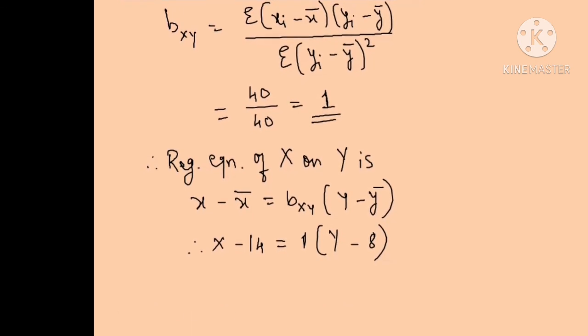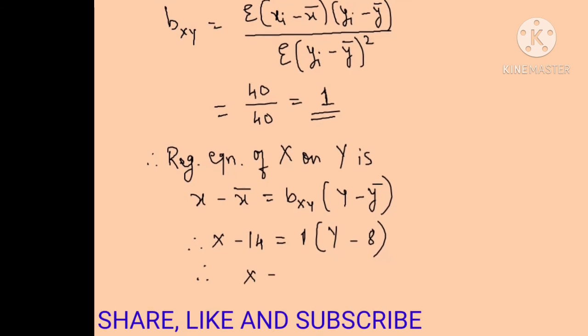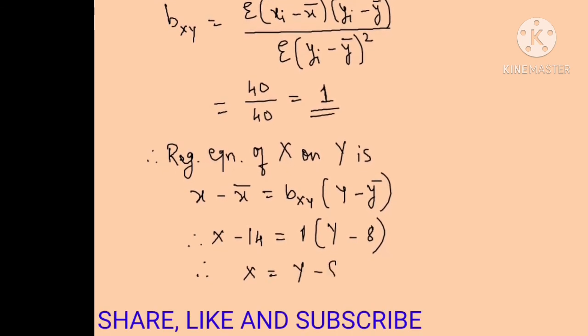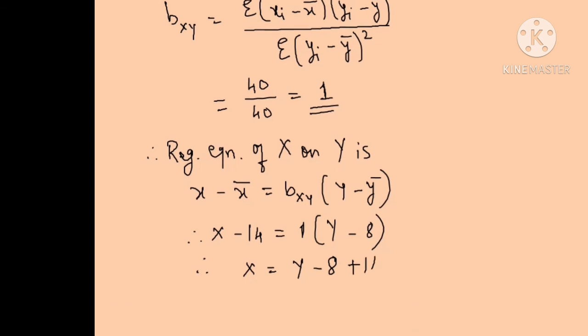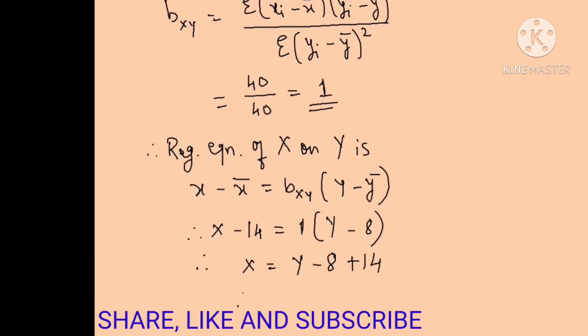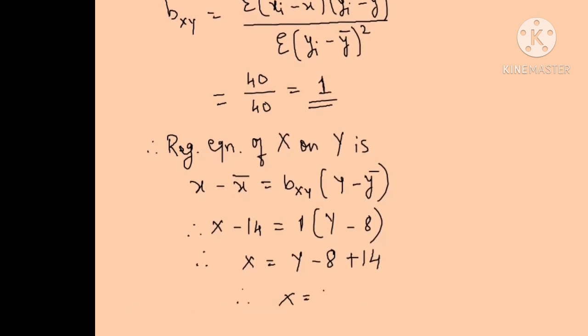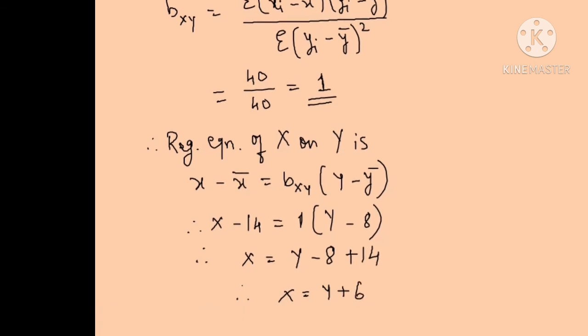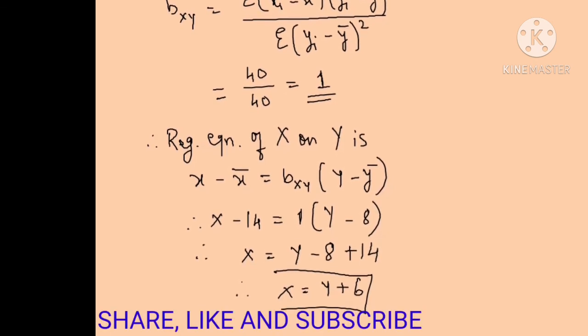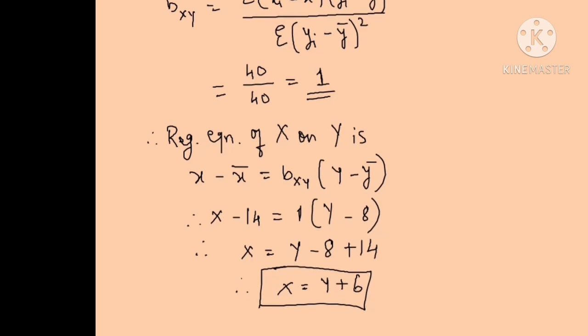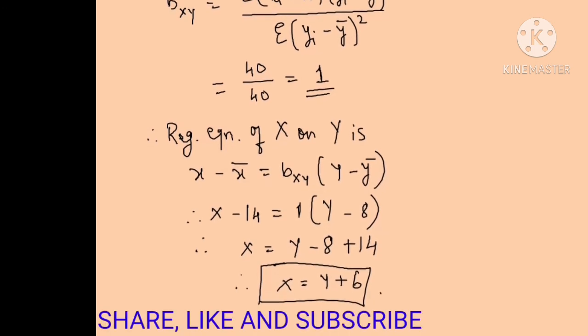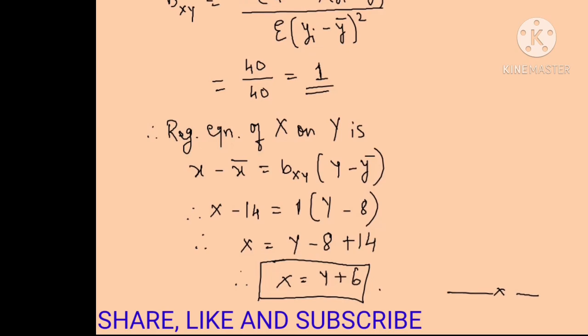So now simplify. Therefore x is equal to y minus 8 plus 14. That is x is equal to y plus 6. This is your regression equation of x on y. So this completes your sum.